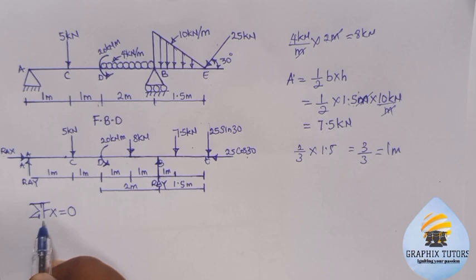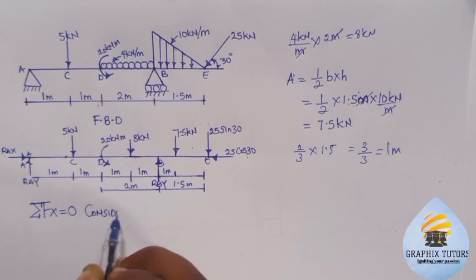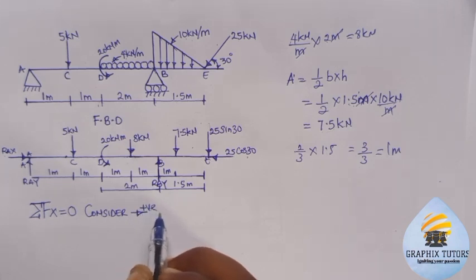It means all horizontal components must sum to 0. Now we are going to consider the forward force to be positive and the backward force to be negative, right?